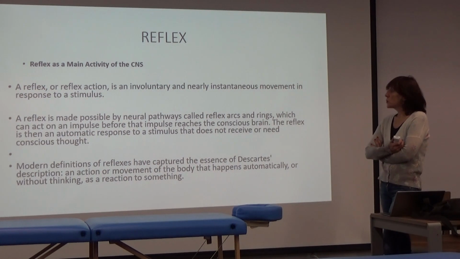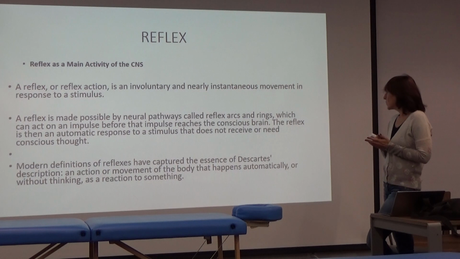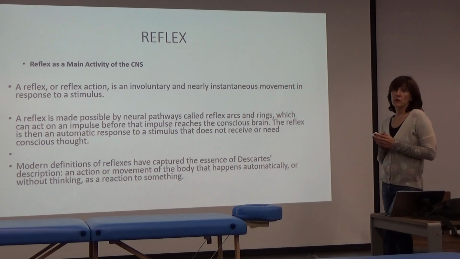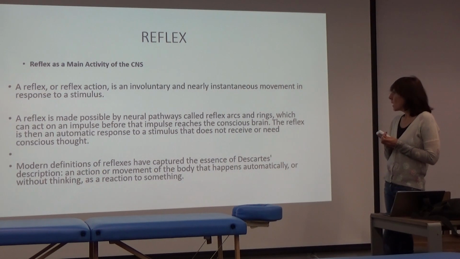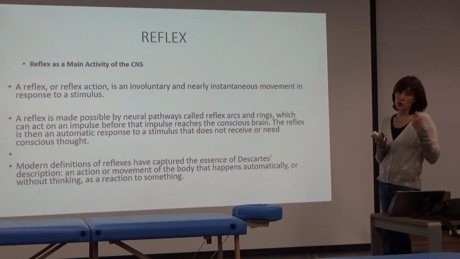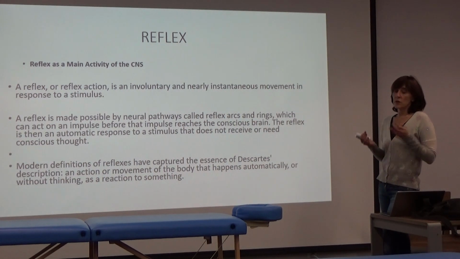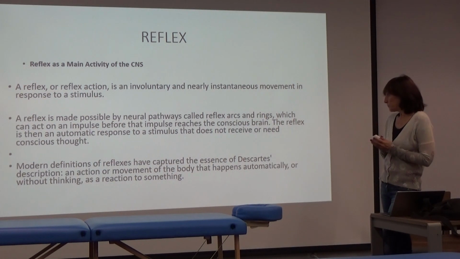How the reflex works: it works by neural pathways, reflex arcs and reflex rings, which can act on an impulse before the impulse reaches the conscious mind. So again, this is the stimulus, and the central nervous system reacts before we realize that we get this stimulus.